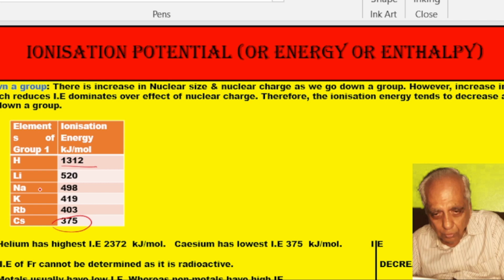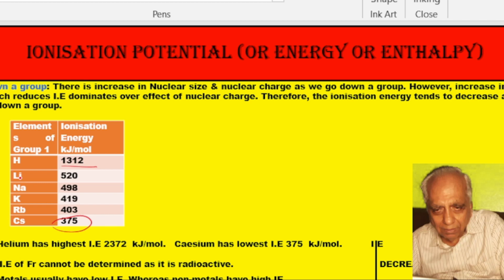So which is dominating? The increase in size, which is reducing the ionization energy, is dominating. The nuclear size is increasing and that is dominating, because if the size is more, the electron is attracted with lesser energy.